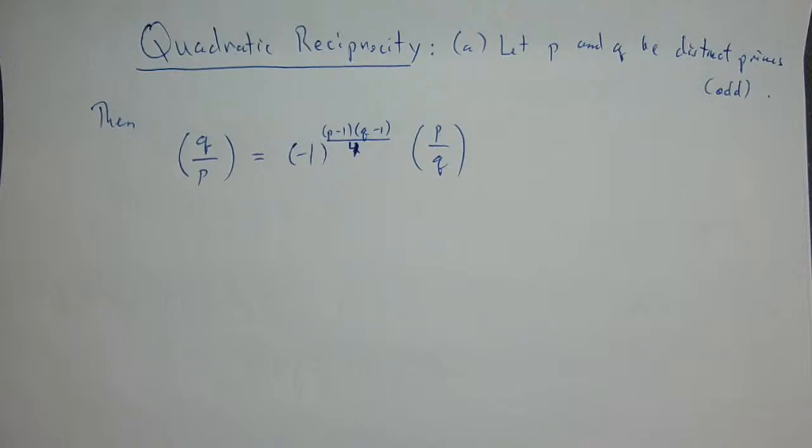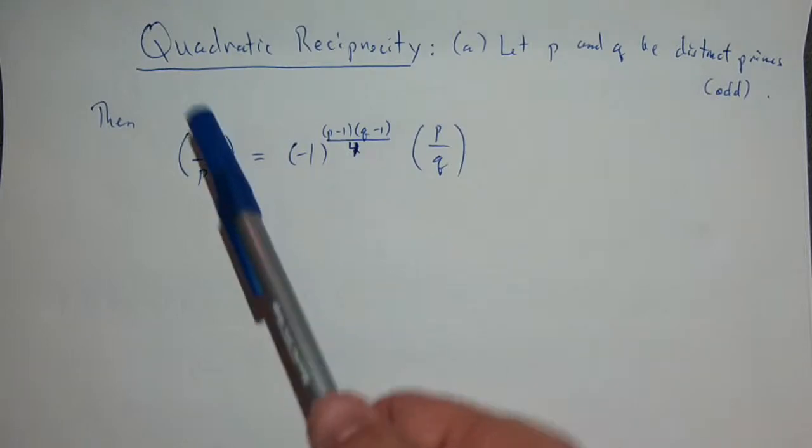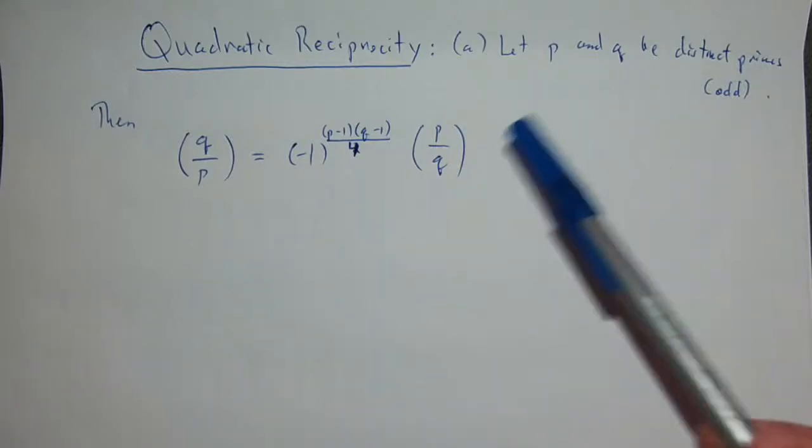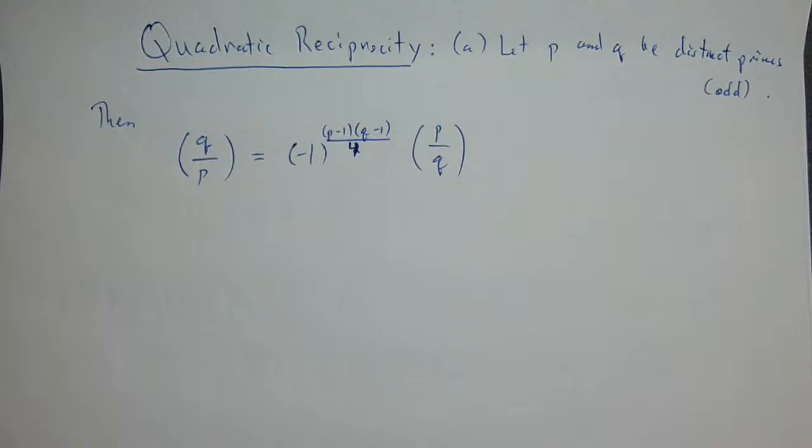Okay. Now, before I state anything else, this is saying that there is some proposed relation here between when Q is a square mod P and when P is a square mod Q. And one of the reasons why quadratic reciprocity is so deep and so amazing and miraculous in a way is that, heuristically speaking, if you're trying to develop your intuition here, there's almost no intuition for why Q being a square mod P would have anything to do with P being a square mod Q. There just seems to be no good reason why that would be the case.